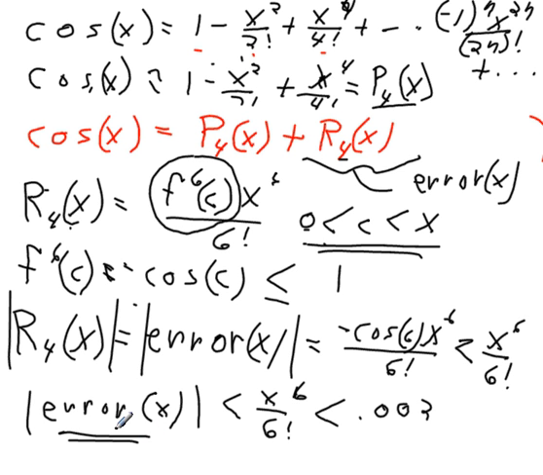So if I go ahead and solve this, I would say what? X, and again, work on the positive side of this. X is equal to what? It looks like it's 0.002 times 6 factorial, and I'm going to take the 6th root of that.